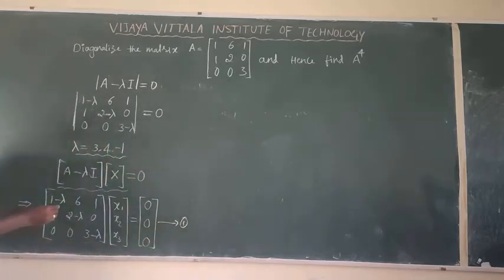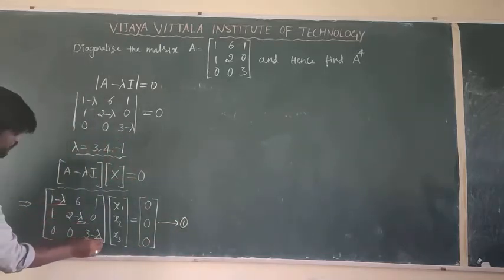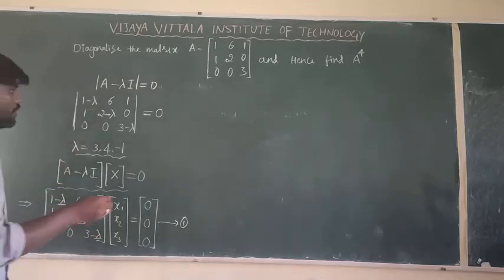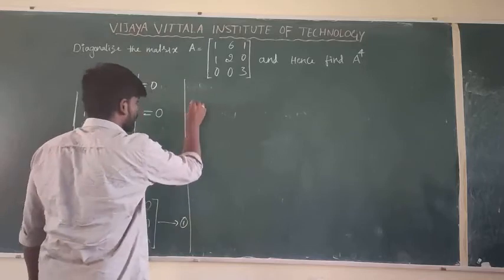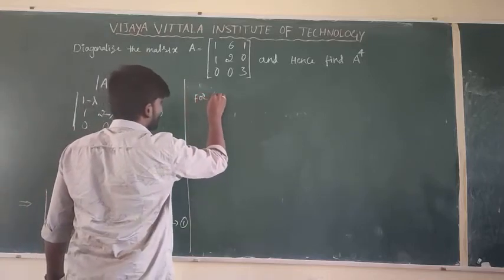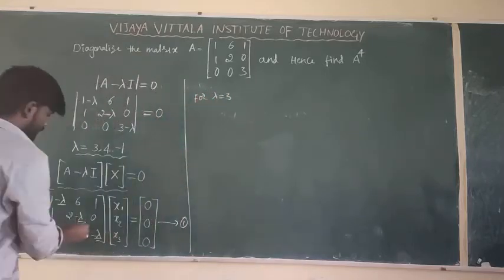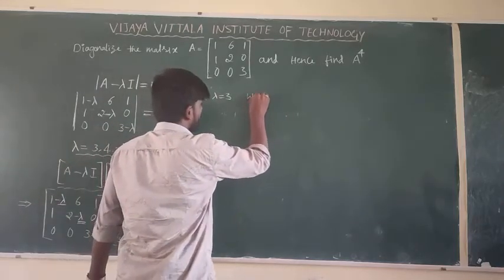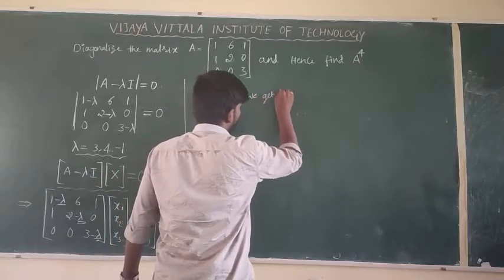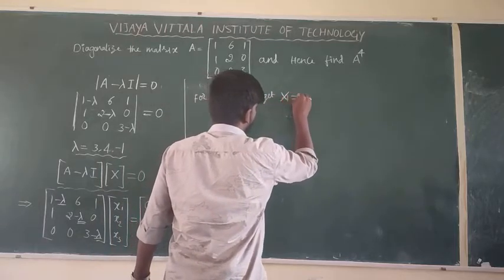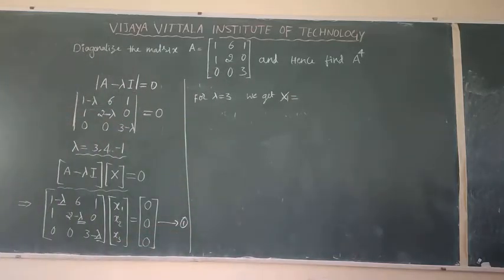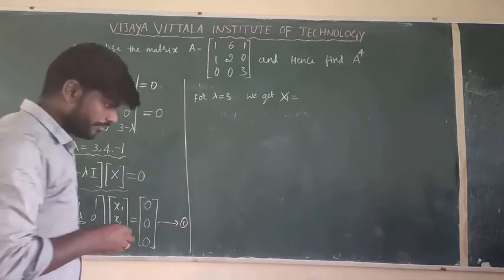Substitute the lambda values. First, substituting lambda equals 3 in equation 1, we get the eigenvector x1 as (1, 1, minus 4).